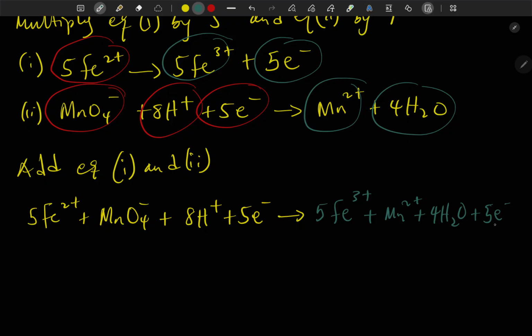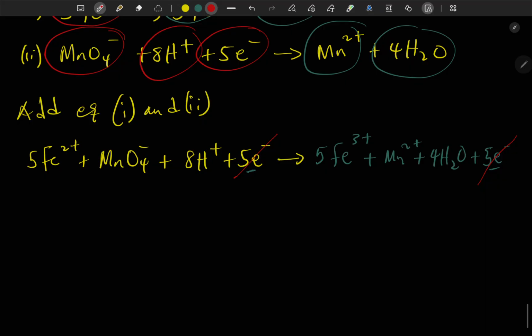By convention, we make sure we write the electrons last. Why? Because we still cancel them out. We have 5 electrons here, we have 5 electrons here. So what do you think? We can cancel them out. 5 electrons cancel 5 electrons.